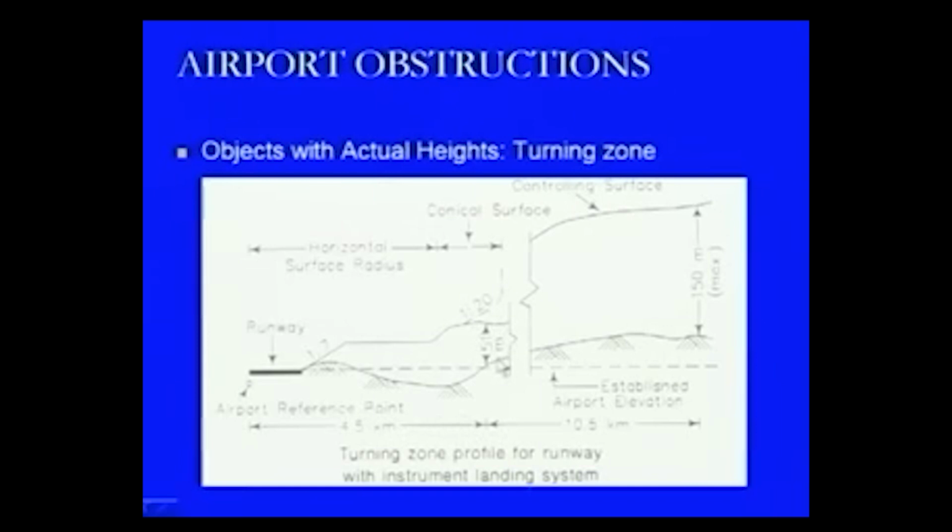The surface should have a height of 51 meters above the ground or above the established airport elevation, whichever is higher. Then when we reach a distance of 15 kilometers, this value becomes 150 meters at a maximum, and that is how we connect the controlling surface. So, this controlling surface is the surface below which all the development should remain, and the flight path will be clear of this surface.